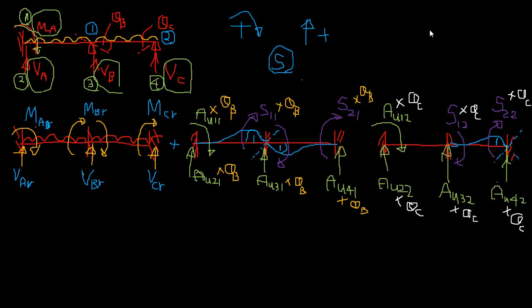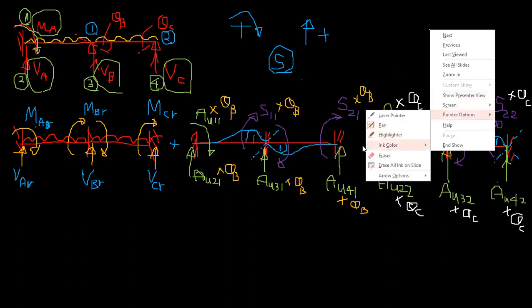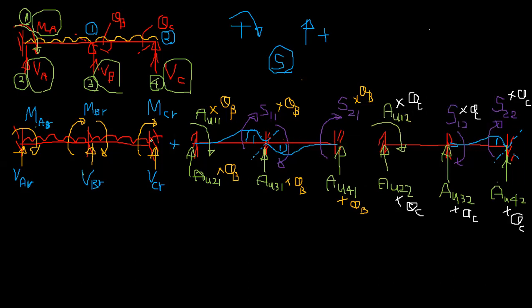So this is my, yes, I can consider the equilibrium at P. So at B and at C, right? At B, the unknown is theta B. So that means you should consider MB as the equilibrium.